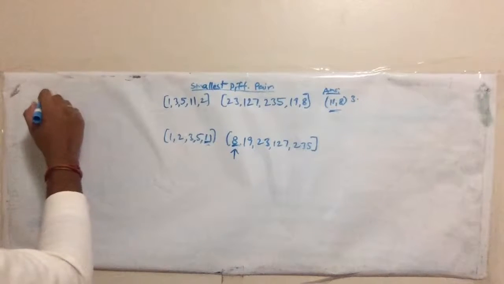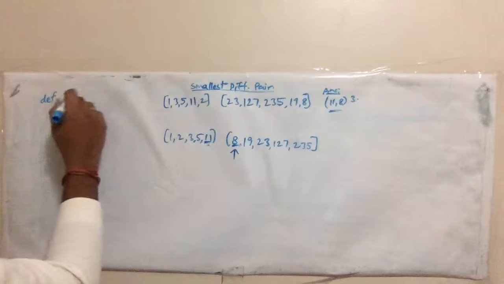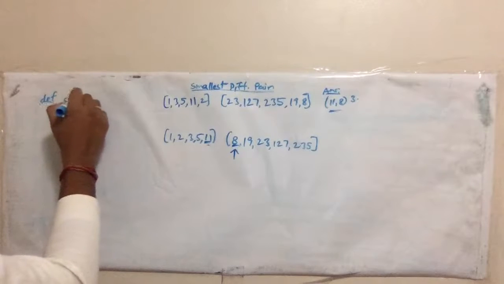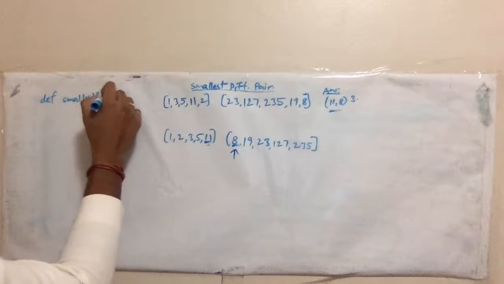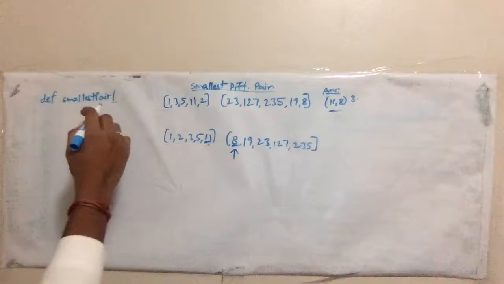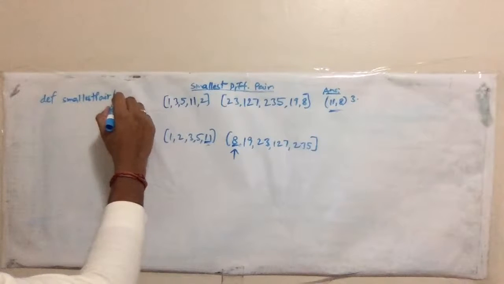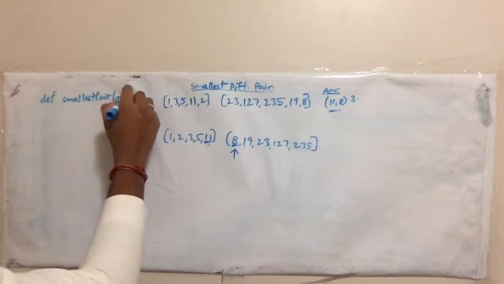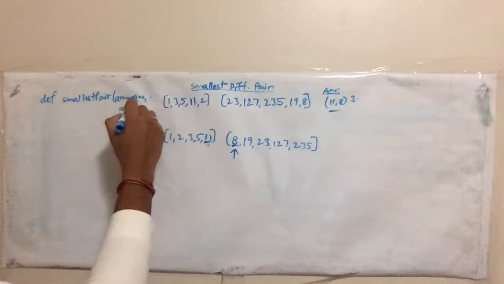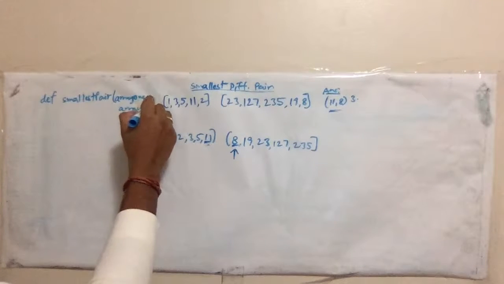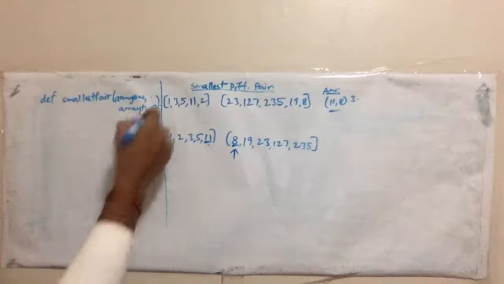So the definition of smallest pair. I will call the parameters array 1 and array 2.